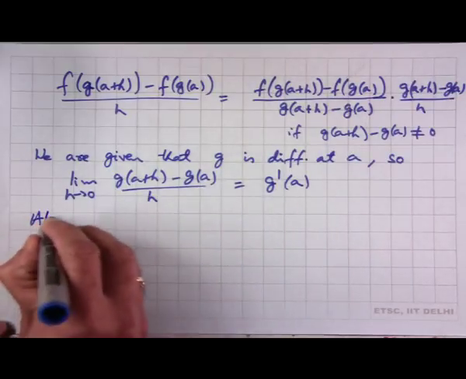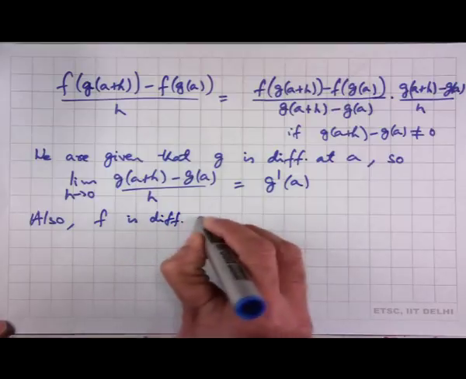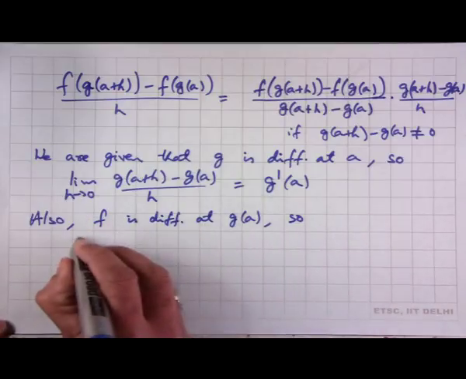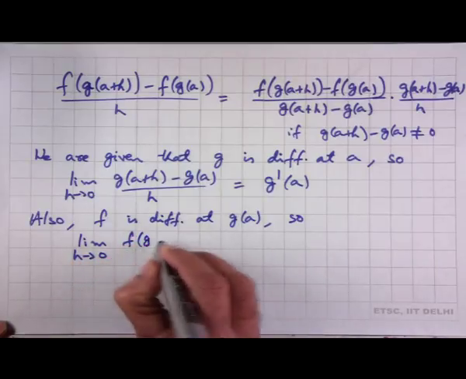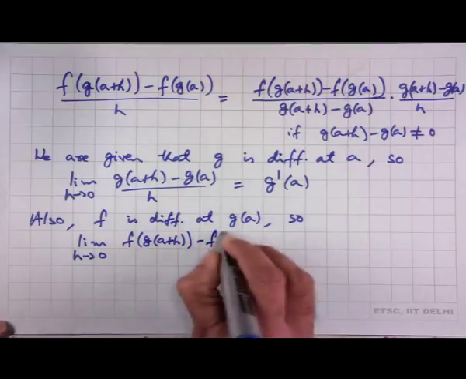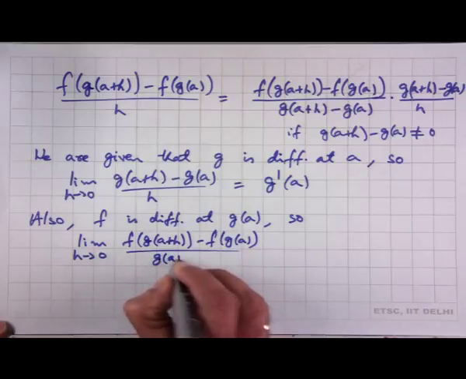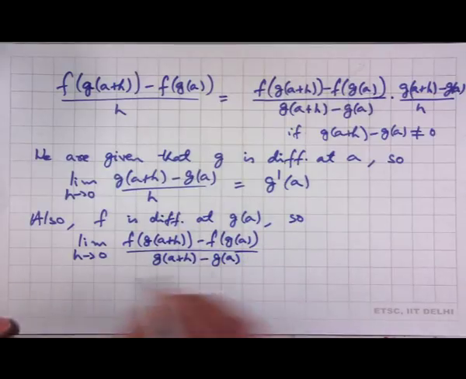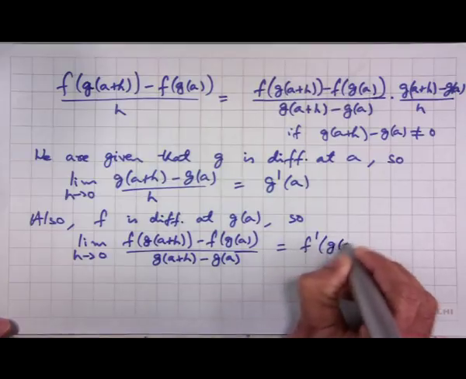Also, f is differentiable at g of a. So, the limit of h going to 0 of f of g of a plus h minus f of g of a by g of a plus h minus g of a is equal to the derivative of f at g of a.